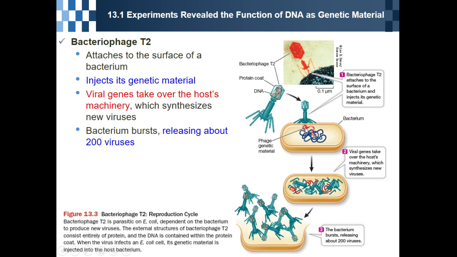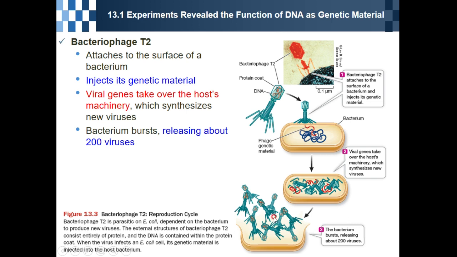The virus gene uses the host cell's machinery. After that, they make their own protein coat, and they replicate their own DNA, like this. After that, the bacterium bursts, its membrane bursts. Finally, they release about 200 viruses like this.